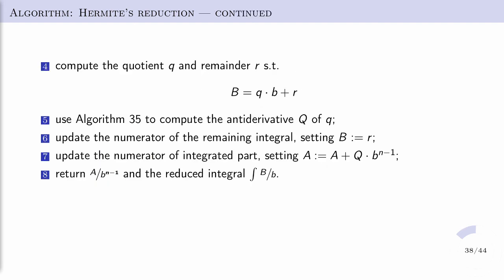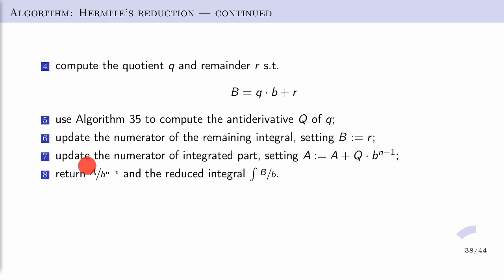After that, we just split the polynomial part, so we compute the quotient and the remainder of B over the denominator. So our quotient Q is added to the antiderivative. We compute the antiderivative. It is added to our A, and we are left with the numerator R, which is this guy.